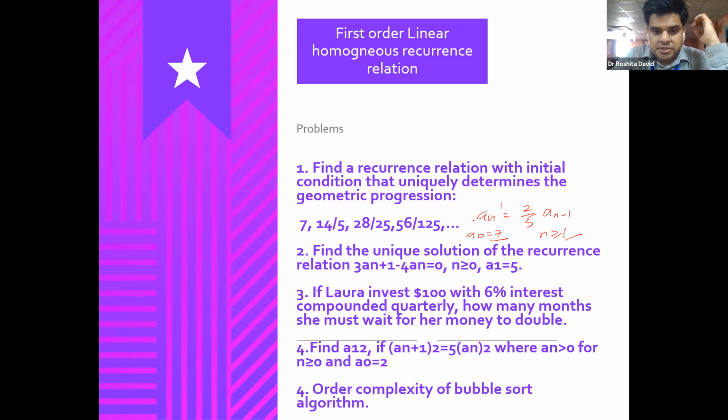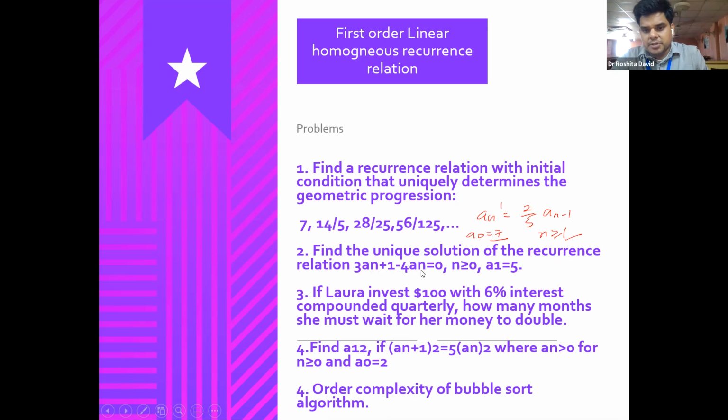Now see the second question. Find the unique solution of the recurrence relation 3an plus 1 minus 4an equals 0. Homogeneous, linear, right? a1 is 5. So what's going to be the unique solution? Here the equation is 3an plus 1 is equal to 4an.